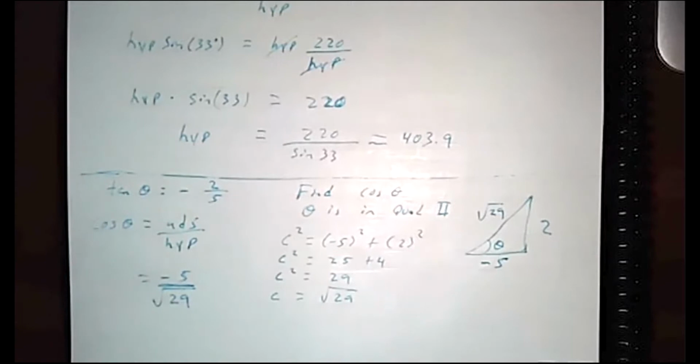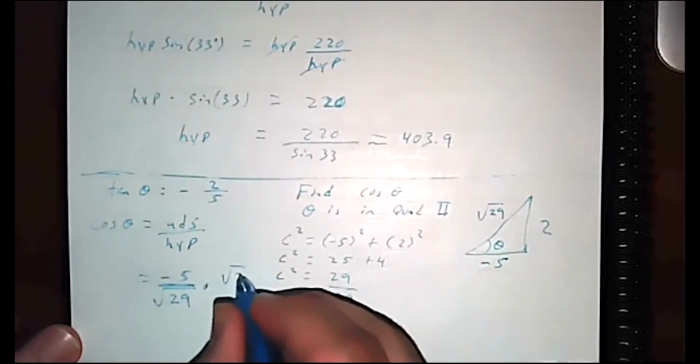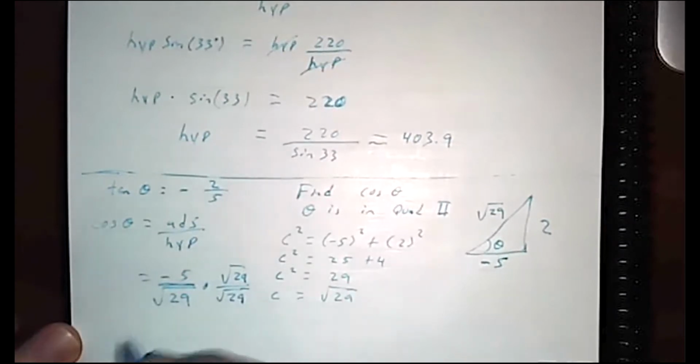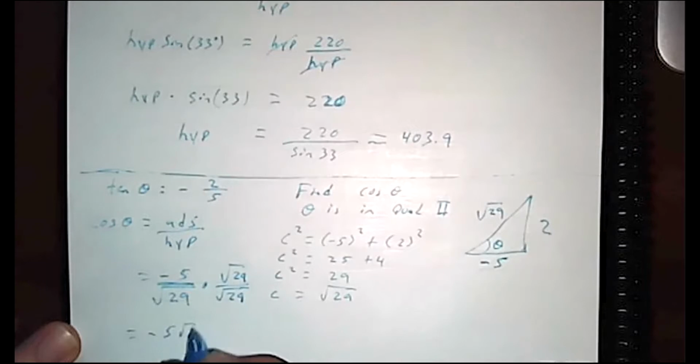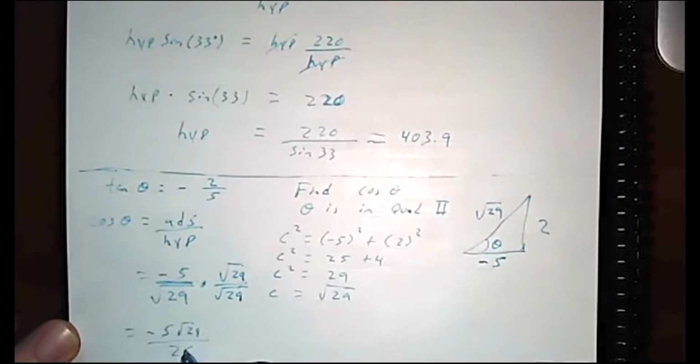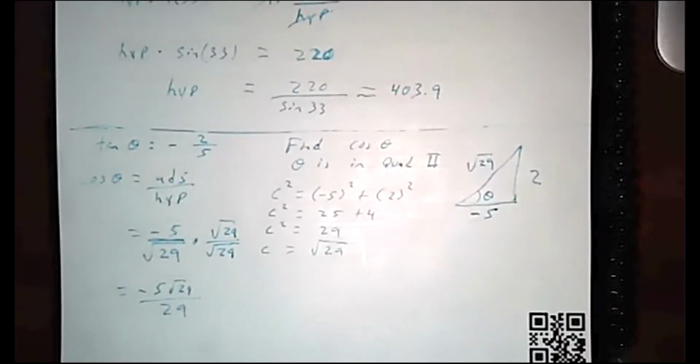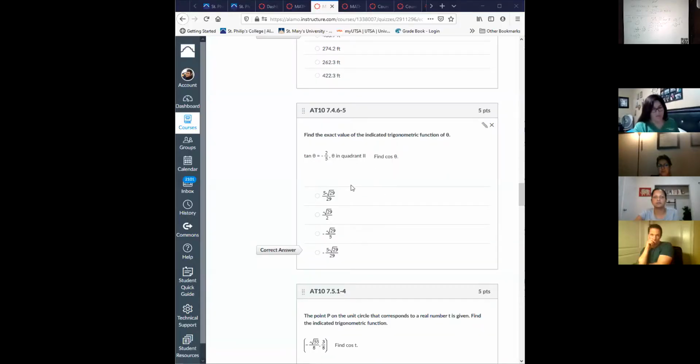Rationalize the denominator and we're done. Multiply top and bottom by root 29, and you'll have negative 5 root 29 over 29. And that's what they have here, D.